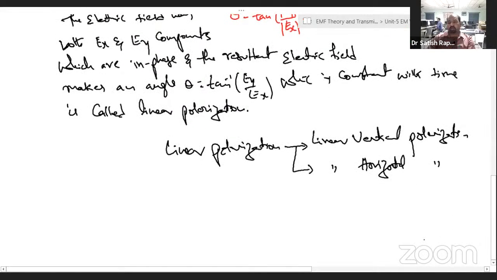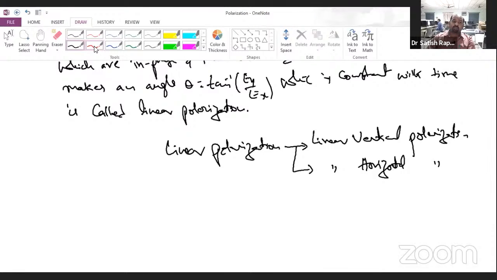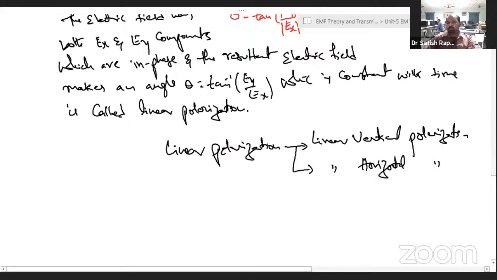So linear vertical polarization in the sense what? If the electric field is vertical to the plane of incidence or to the plane of polarization is called as a linear vertical polarization, right?